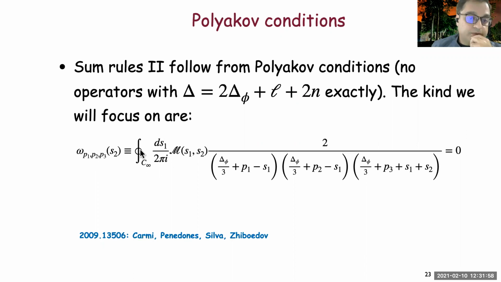They use a contour integral over the Mellin amplitude weighted by some function, and these would be 0 because of the Polyakov condition. So the only thing notationally that you have to remember is that I had curly E and I had little omegas. Curly E followed from imposing crossing symmetry on the fixed T dispersion relation, and little omegas followed from the Polyakov condition.